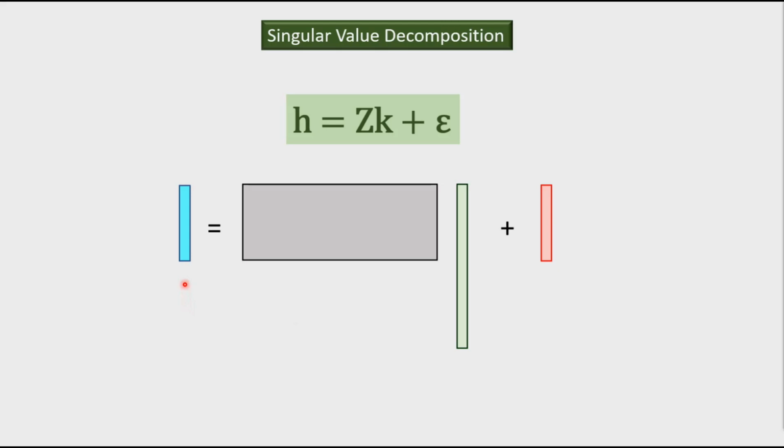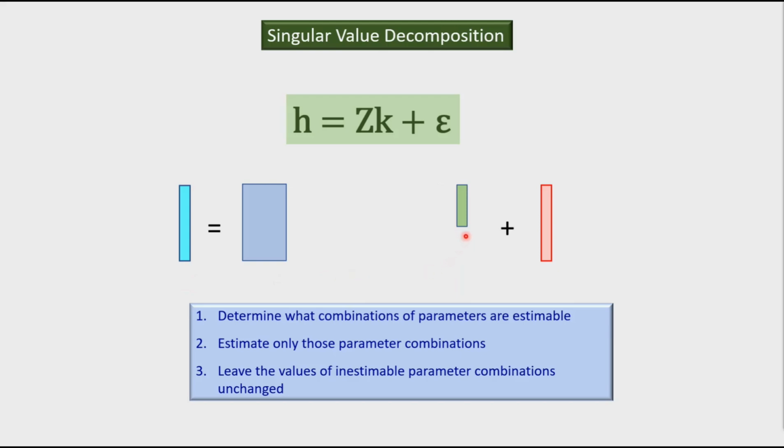Let's reduce the inverse problem so that only these combinations of parameters are estimated. That is, those combinations of parameters which are in fact estimable on the basis of a limited calibration data set. Singular value decomposition works out what those combinations are and then it estimates them.